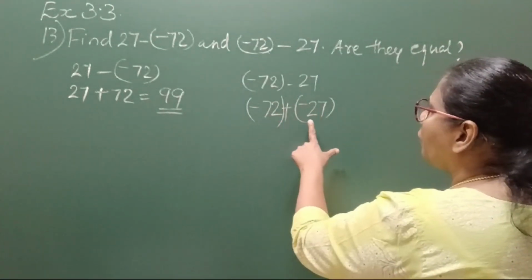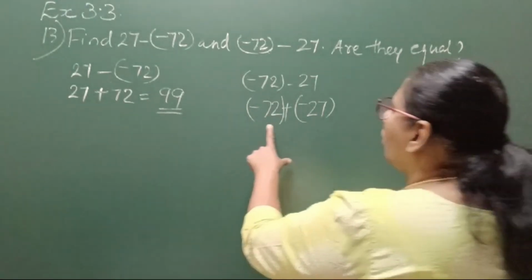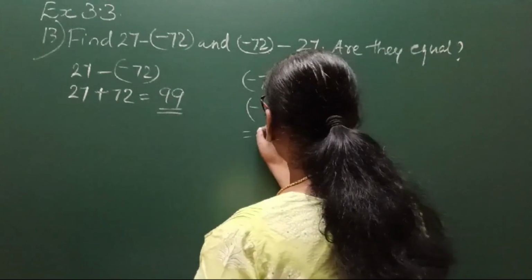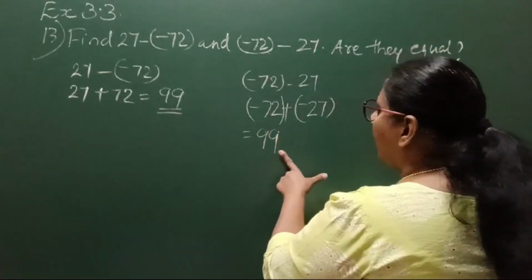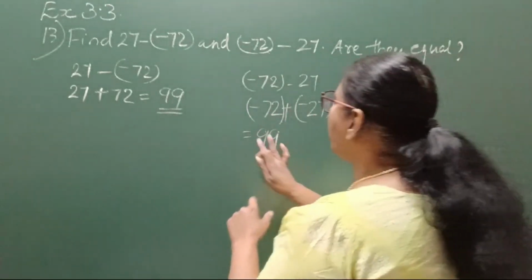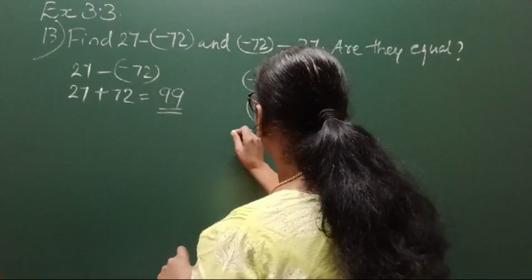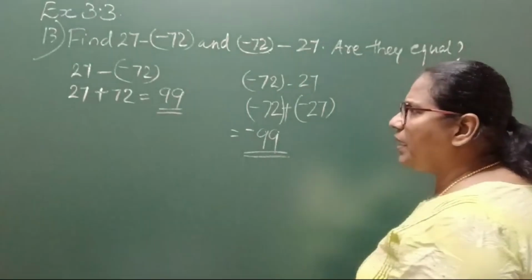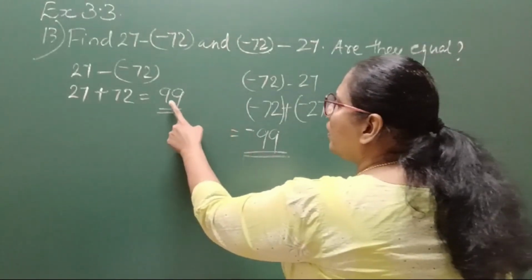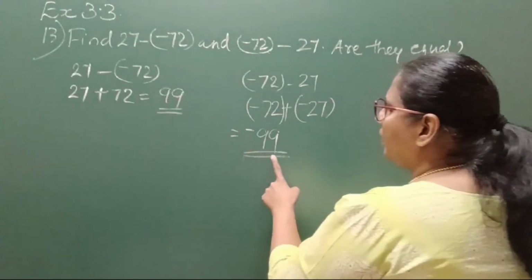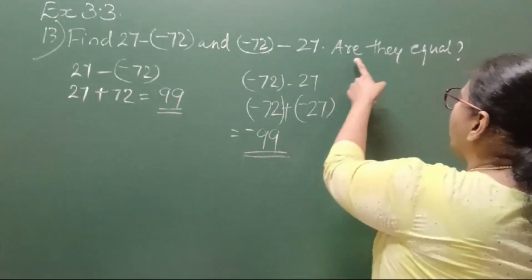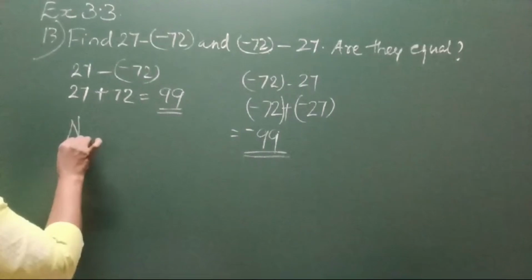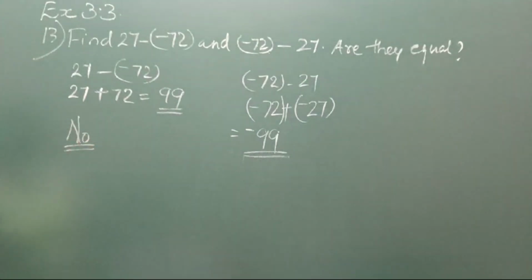Then in that case we have to add these two and write the common sign. 72 plus 27 is equal to 99, and then we have to give the common sign, that is negative. So our final answer is minus 99. Here this is a positive integer, here this is a negative integer, so they are not equal. So our final answer is no, they are not equal.